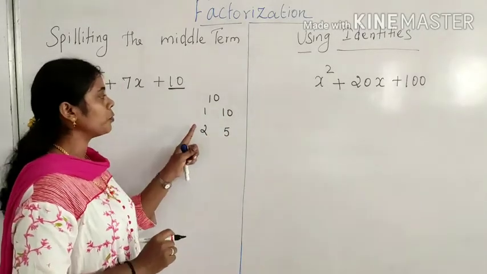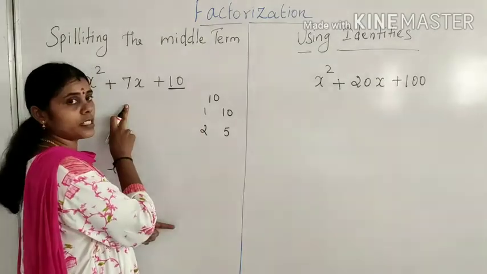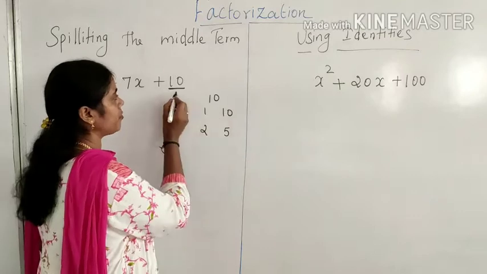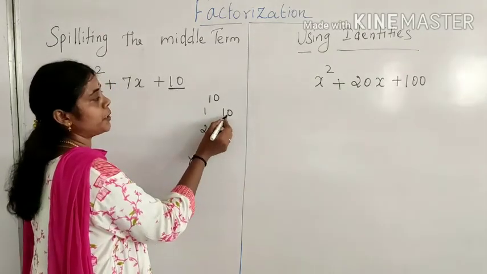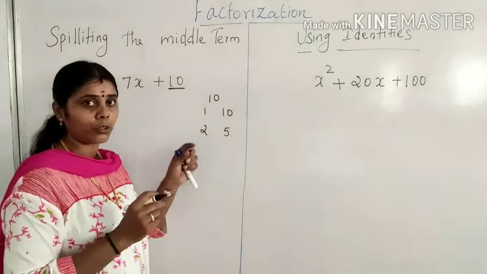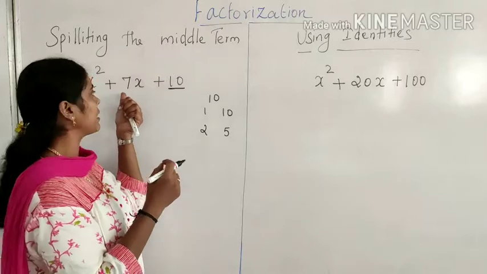Now, how to split the middle term? These factors will help us split the middle term. Whatever factor you find, you have to verify it with the last term and the middle term.